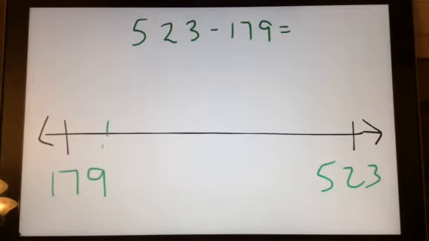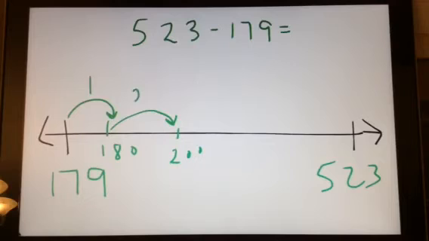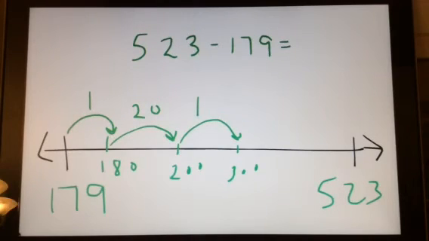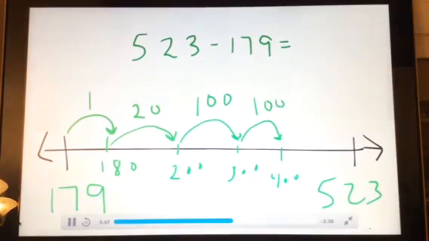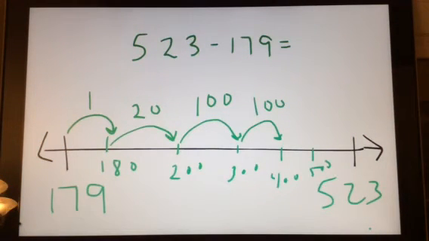So let's say the student jumps to 180, realizes that is a jump of 1, then to 200 to realize that that is a jump of 20, next to 300, that's a jump of 100, to 400, a jump of another 100, a jump to 500, and then from 500 to 523, we know that that would be 23.